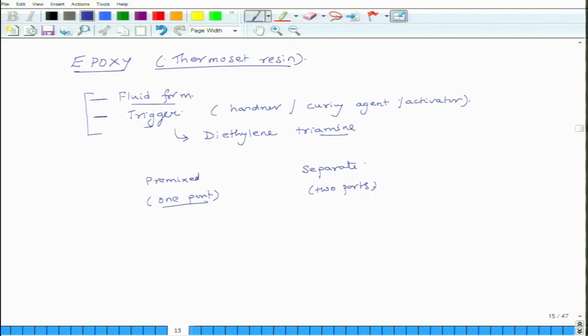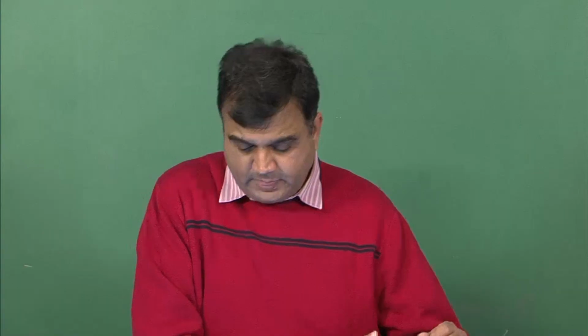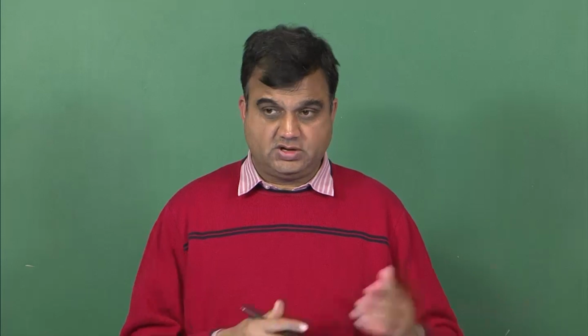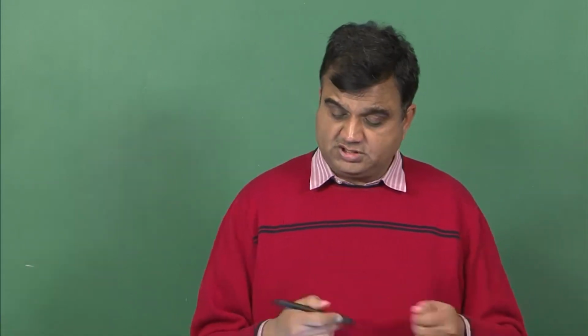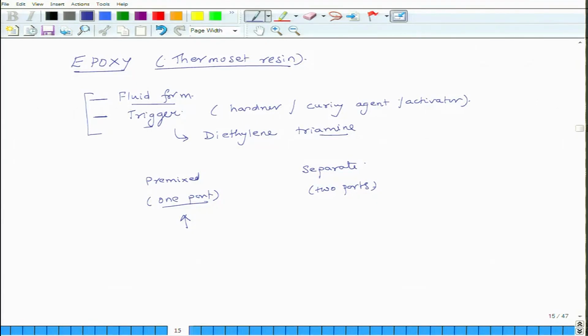In premix, you do not have to worry about mixing in the right proportion, it is already mixed. All you have to do is apply heat, and store it at low temperatures so that the reaction does not proceed. In separate, you do not have to worry about solidification. You can store them at room temperature, but then you have to mix them in the right proportion and then get the reaction going.